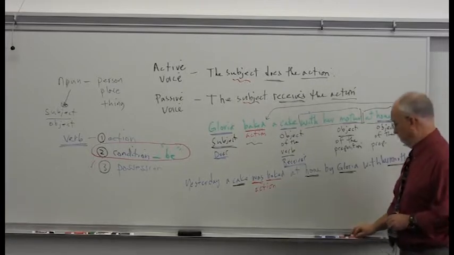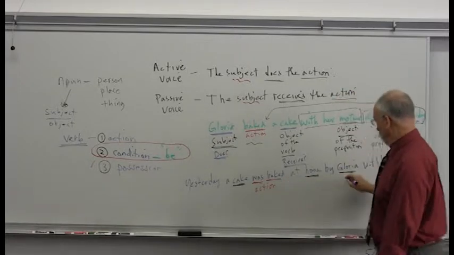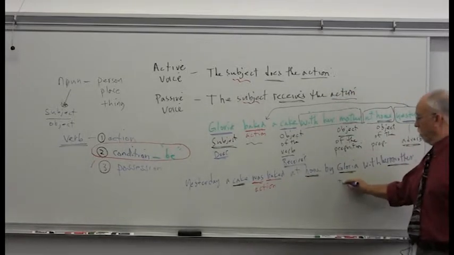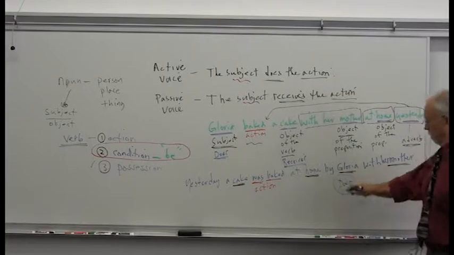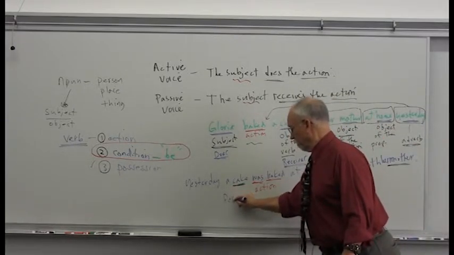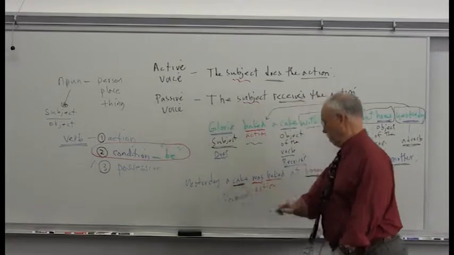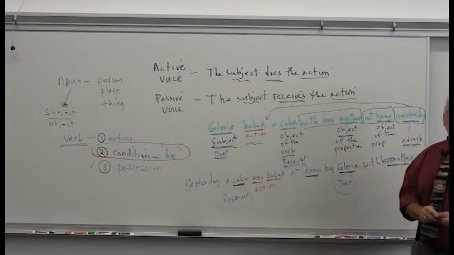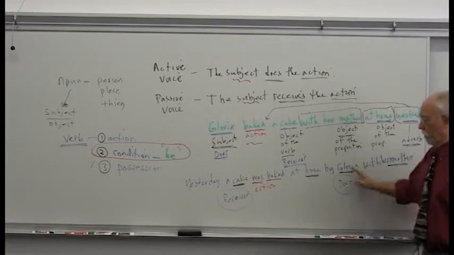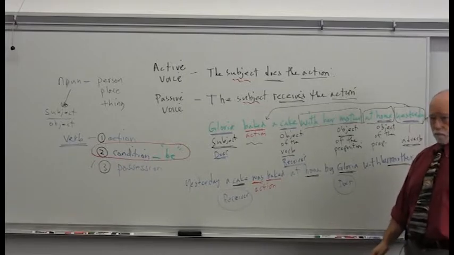Because once again, Gloria is the doer of the action. The cake is the receiver of the action. So the question is, now that we've changed things around, where's the subject in the sentence?